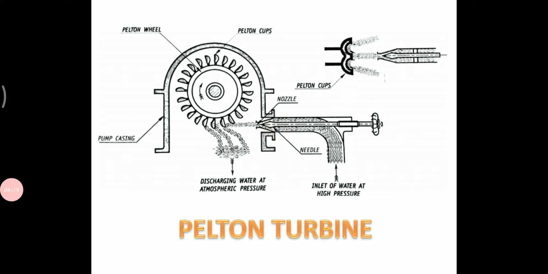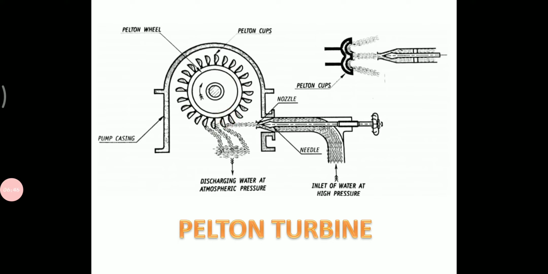Okay, this is a diagrammatic representation. So in a simple way, when the water flows tangentially over here, the whole impulsive force of the jet will hit these moving blades, called Pelton cups, making the Pelton cups rotate in the direction of the impingement of the jet.